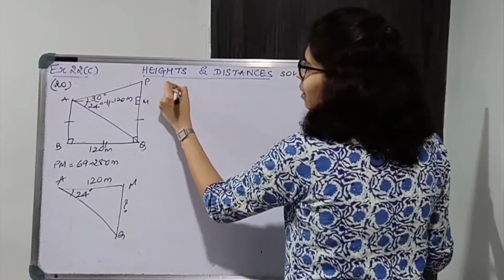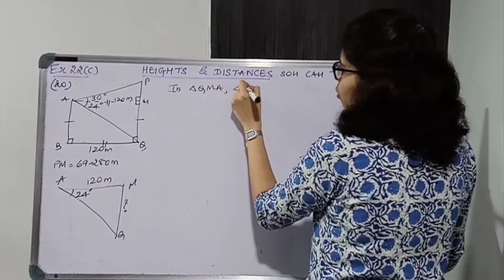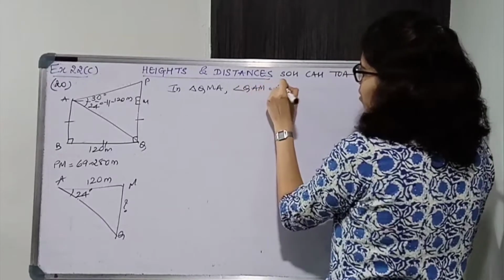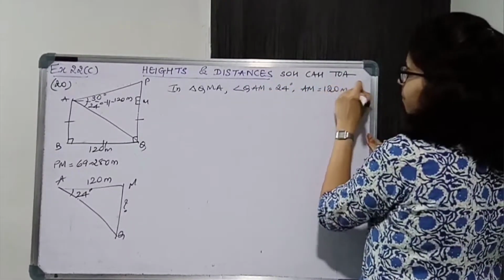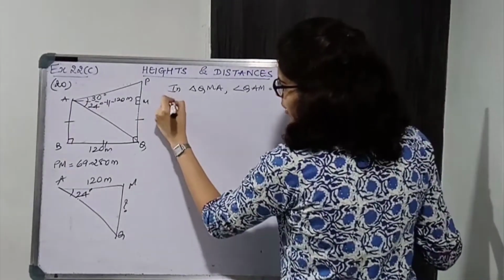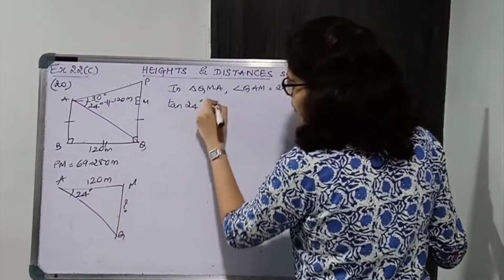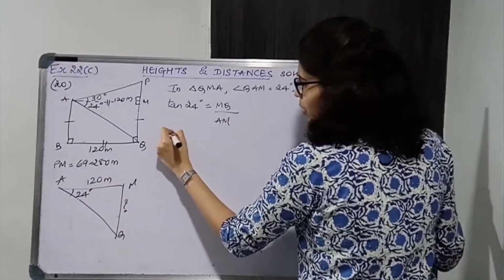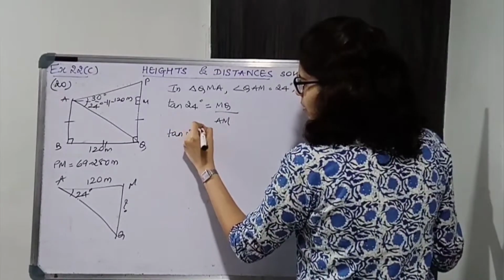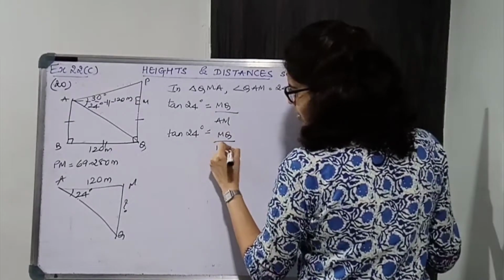So in triangle QMA, angle QAM is 24 degrees and AM is equal to 120 meters. Now tan 24 is equal to opposite, that is MQ, upon adjacent, that is AM. So tan 24 is equal to MQ, which we have to find, and AM is 120 meters.